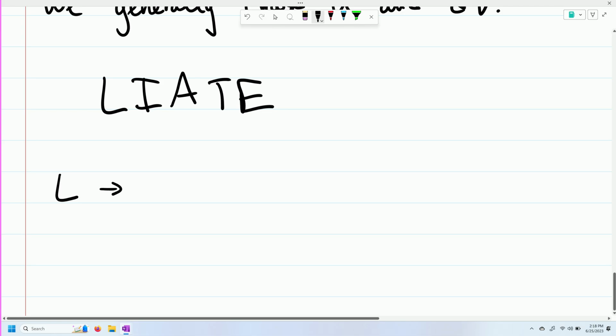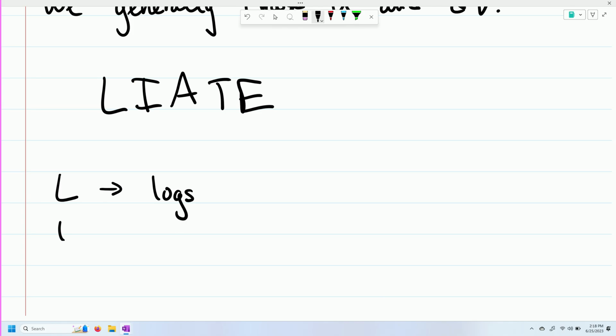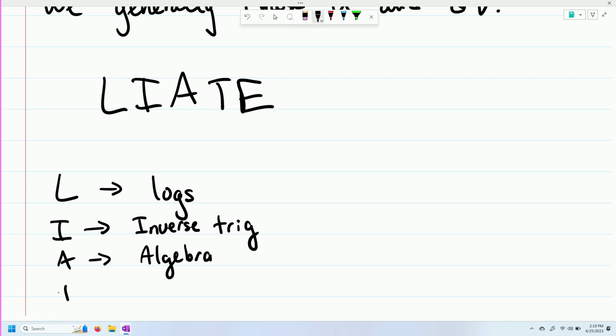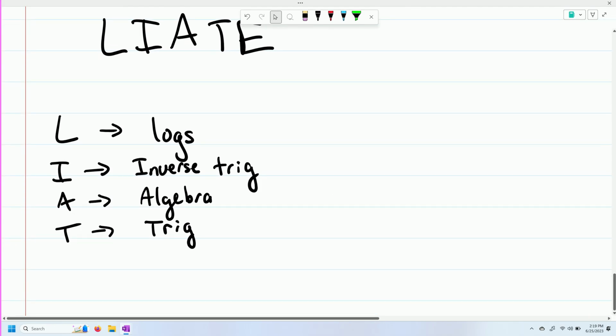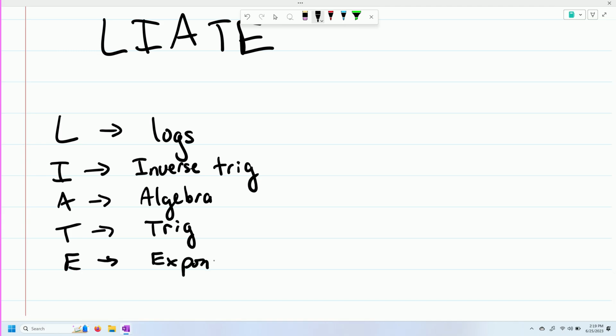L stands for logs. I stands for inverse trig functions. A stands for algebra. T stands for trig. And finally, E stands for exponential.